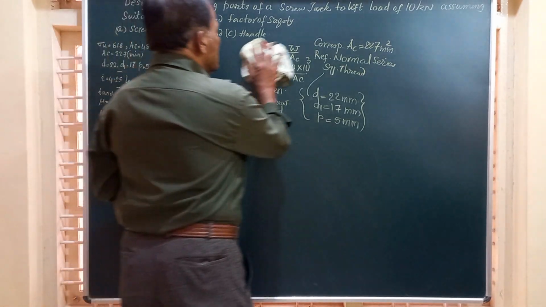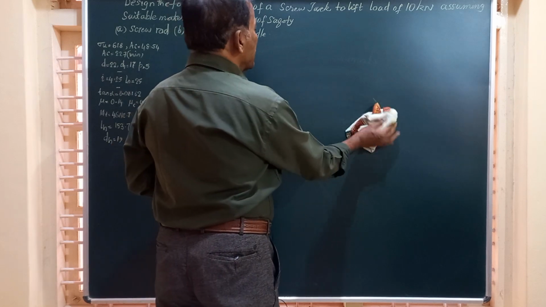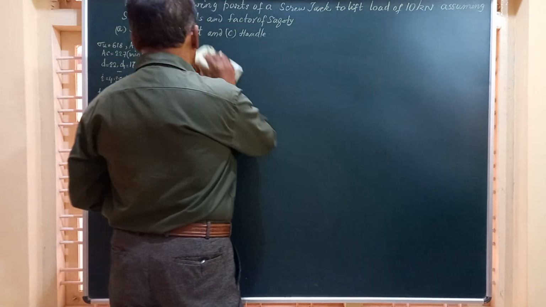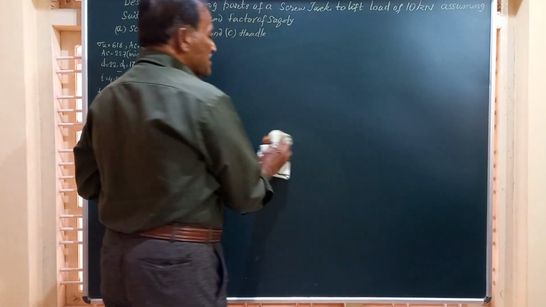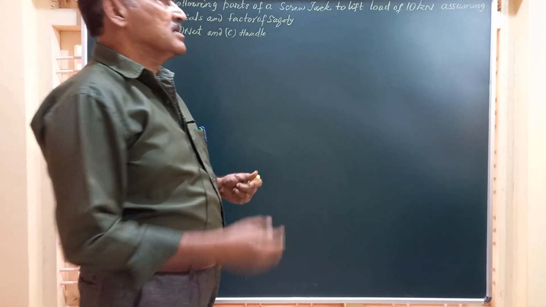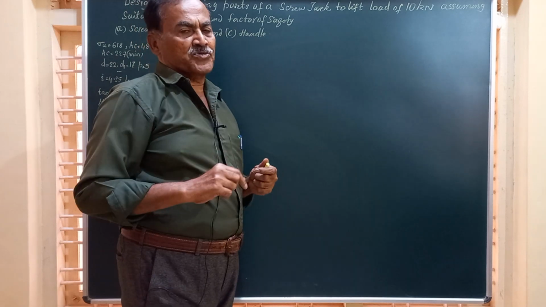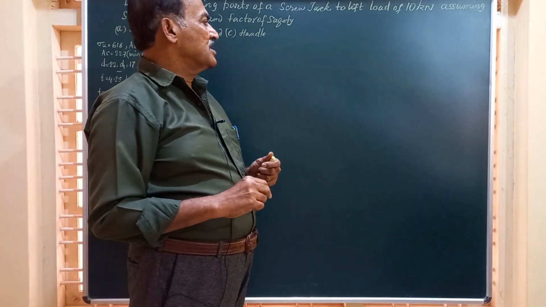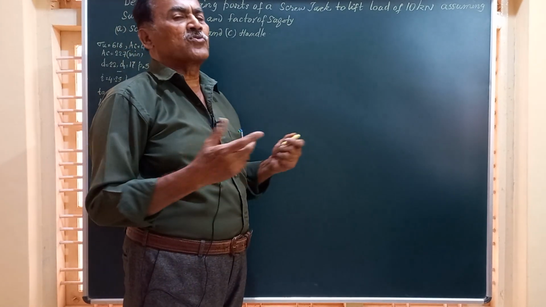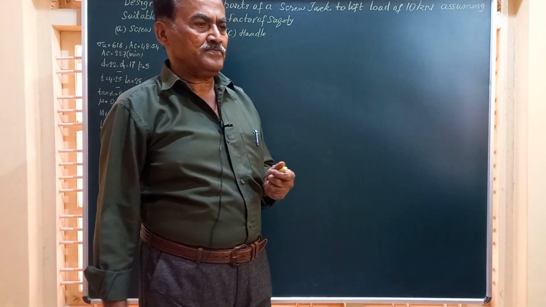Friends, the screw rod is threaded externally, and corresponding to this there will be a matching nut in which the screw rod moves. So friends, let us see how to design a nut.